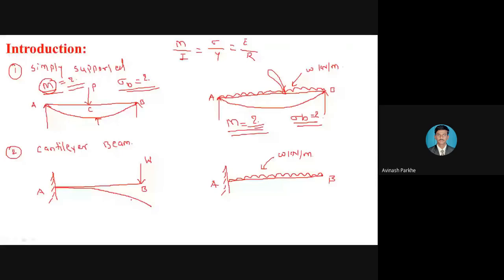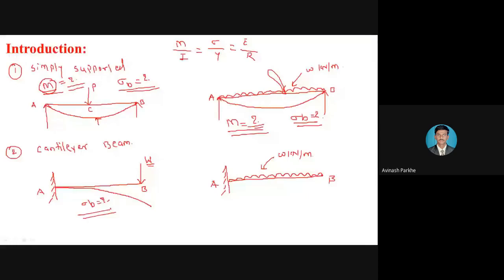Again, in case of a cantilever beam, if this W amount of load is applied at the free end, due to that W load, the bending is taking place in the downward direction, and due to that, I have to calculate the bending stress as a sigma.